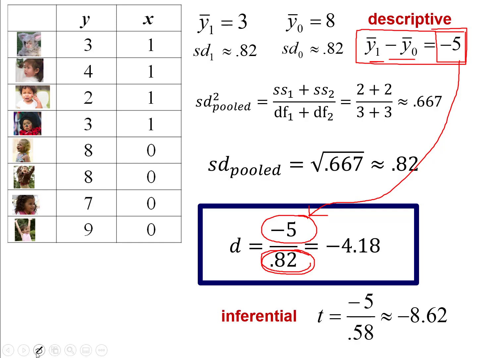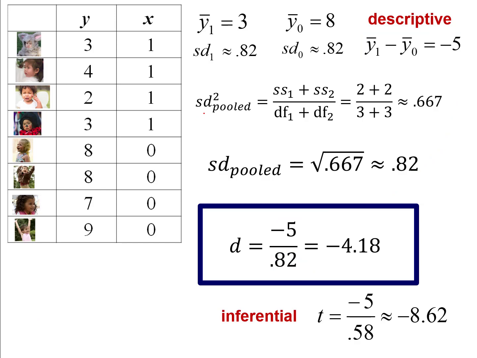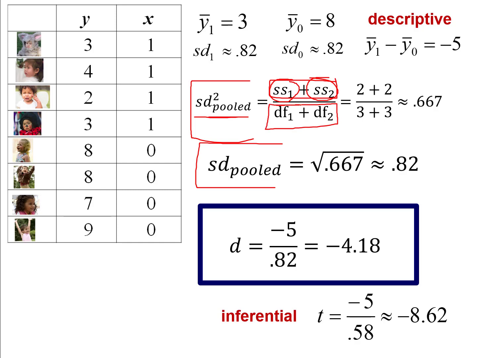So how do we calculate our pooled standard deviation? Recall that in the previous section, we already talked about how to calculate a pooled variance and also how to calculate a pooled standard deviation. To calculate a pooled variance, we take the sum of squares for group 1 plus the sum of squares for group 2, and then divide it by the degrees of freedom for group 1 plus the degrees of freedom for group 2.